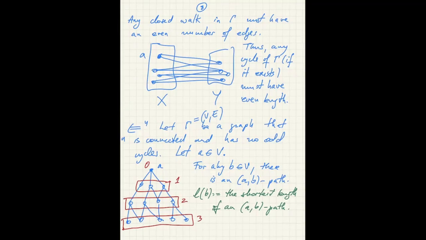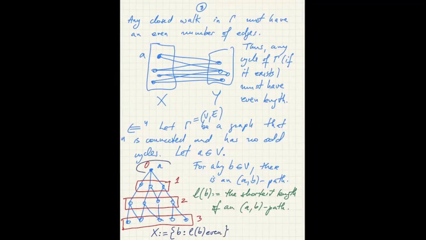And now you see some of these numbers are even, some of them are odd, and that's going to give us the idea to split the vertices according to which ones are even and which ones are odd. So let's call X the set consisting of all the vertices B with the property that L(B) is even.